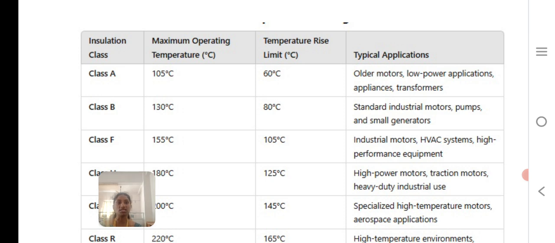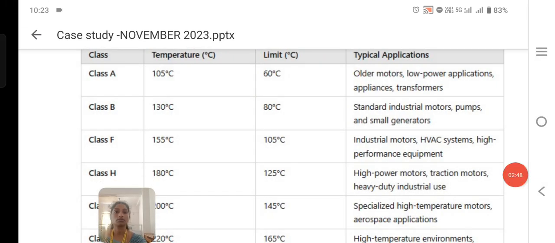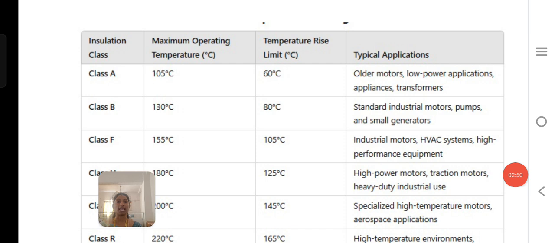Typical applications are older motors, low power appliances and transformers. If the insulation class is B, then the maximum operating temperature is 130 and the temperature rise limit is 80, and standard industrial motors, pumps and small generators are the applications.